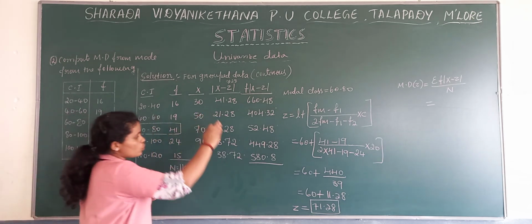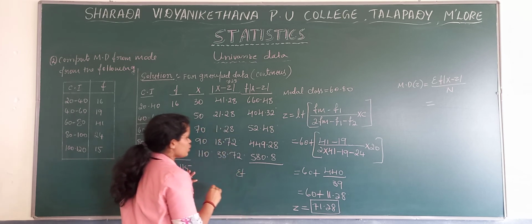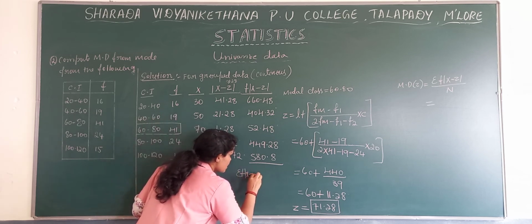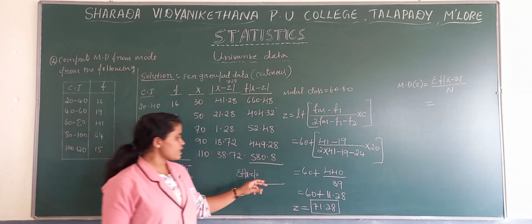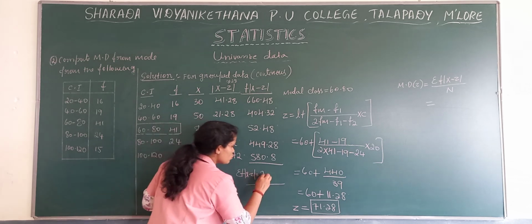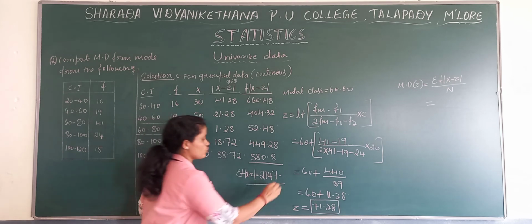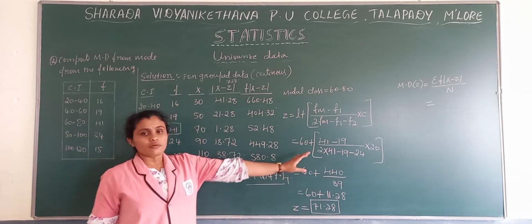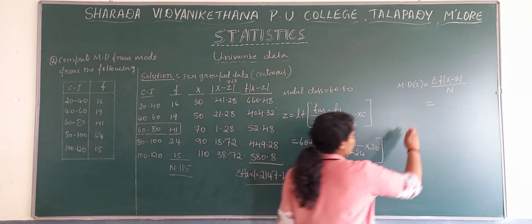Now total this particular column, sigma f into modulus x minus z. When we total it, we get 2147.4. Now next we need to find the mean deviation from mode.